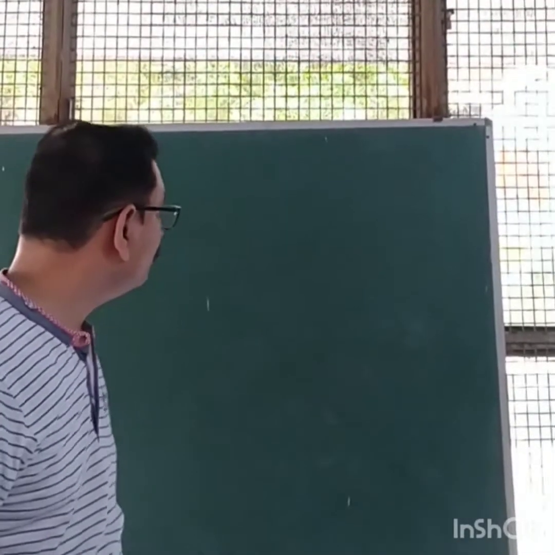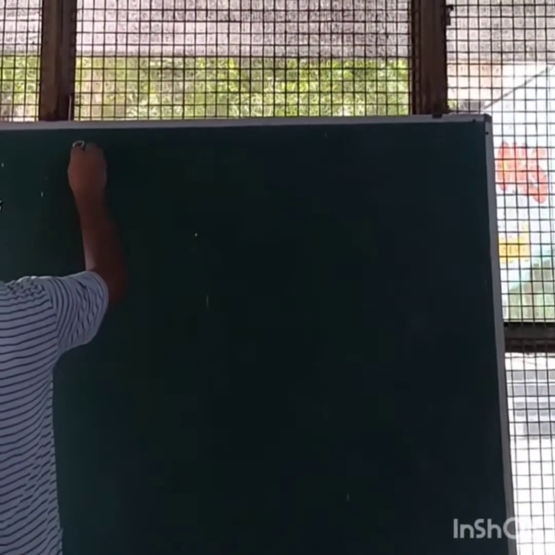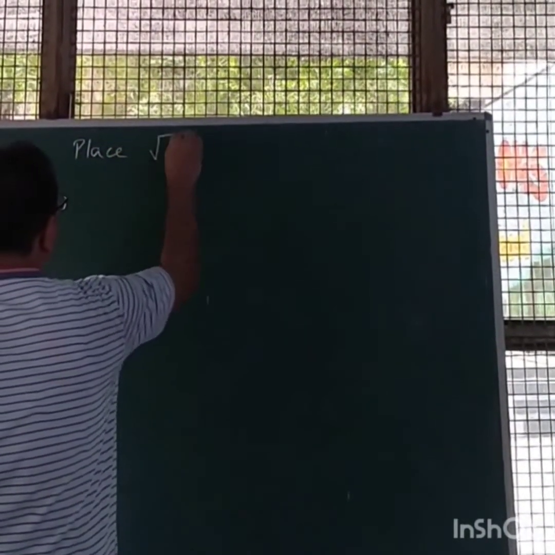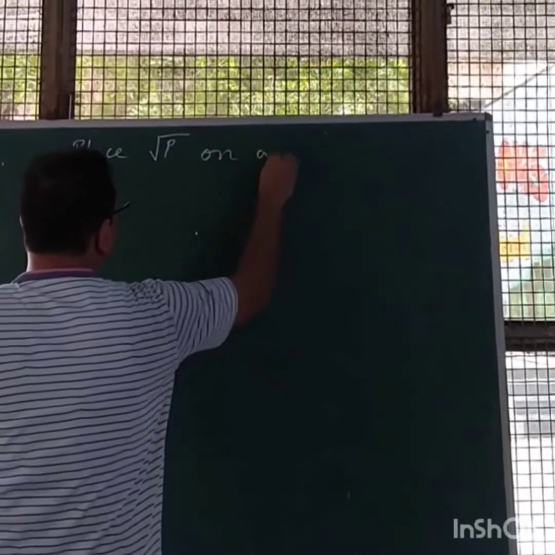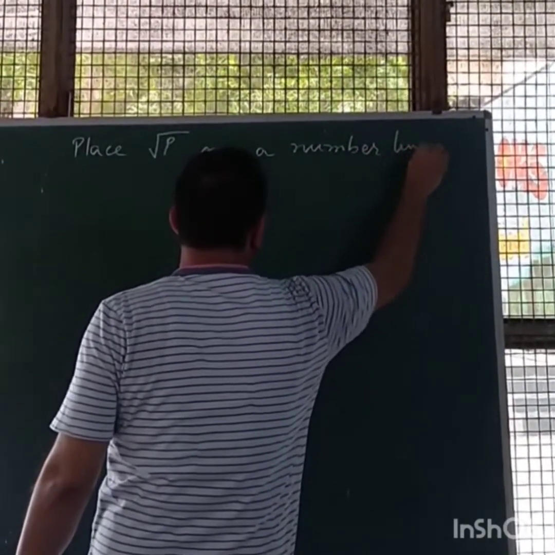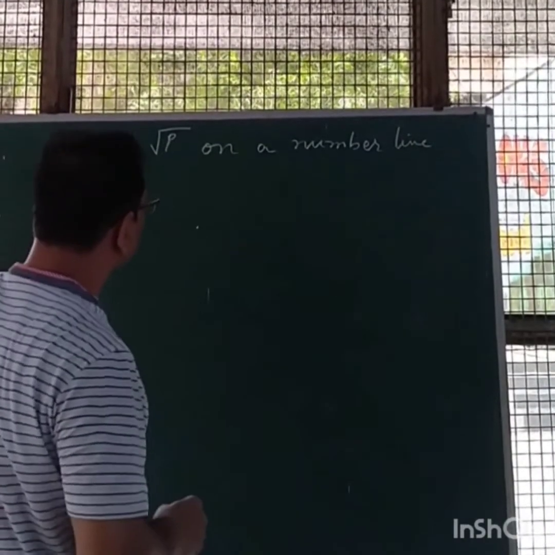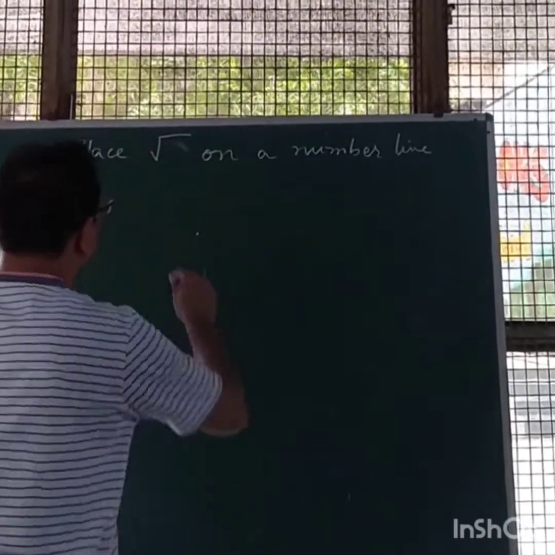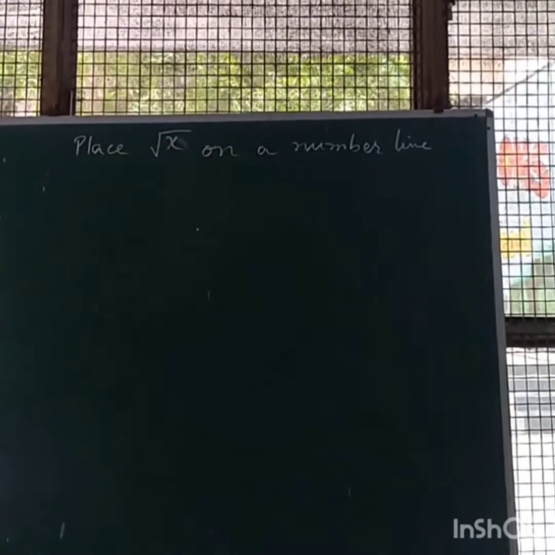Now look at the blackboard. Place under root p on a number line. Or in place of p, let us say take x.